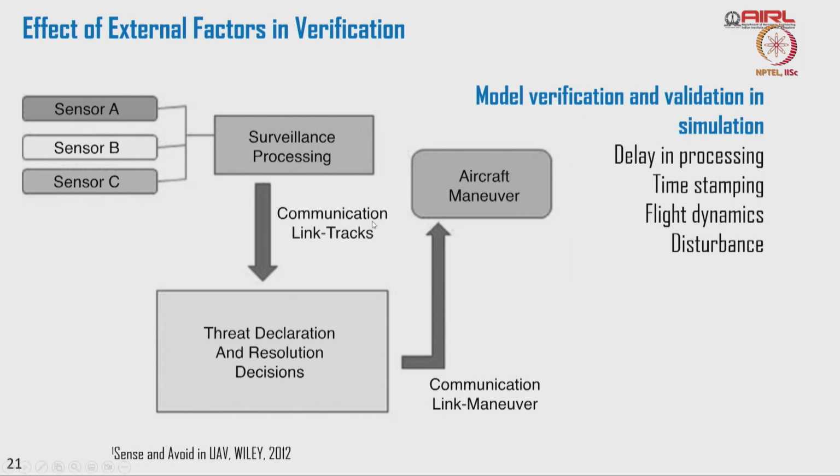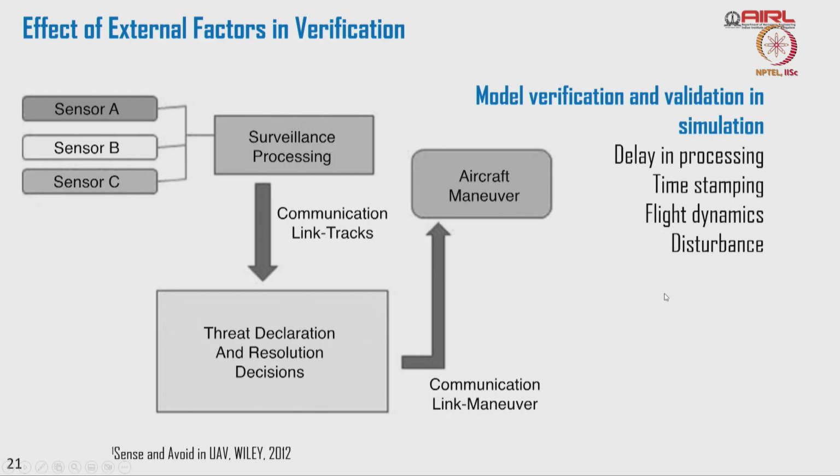All of them have to communicate their detection or sensor information to your computer, where you detect the threat, declare it, and come up with the resolution decisions, right? Resolution decisions are basically a trajectory that needs to be communicated from your computer to your actuators, so that the actuators can provide the variational thrust so that the aircraft maneuvers, right?